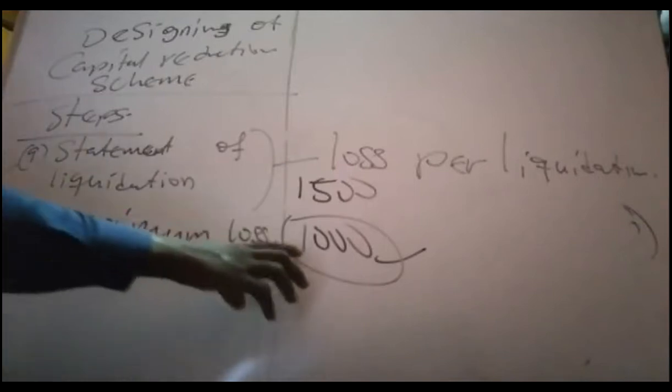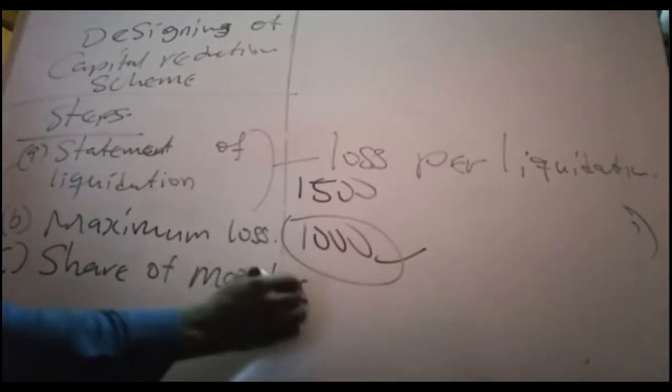That's the total loss if the company should reconstruct or revive. And then we gave an example that if the liquidation is 1,005, the maximum loss is 1,000, you probably opt for reconstruction.